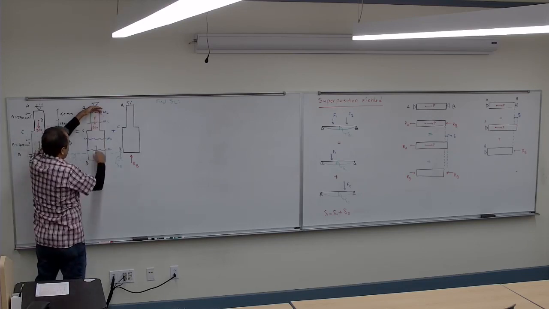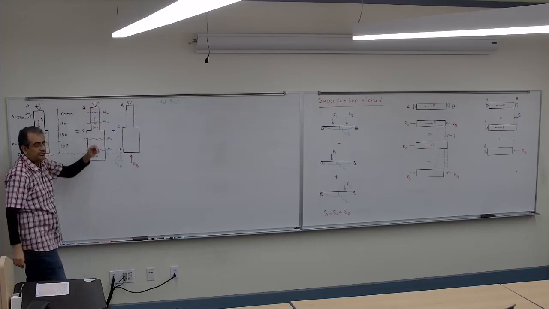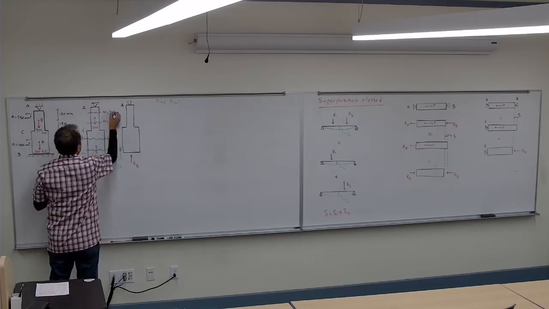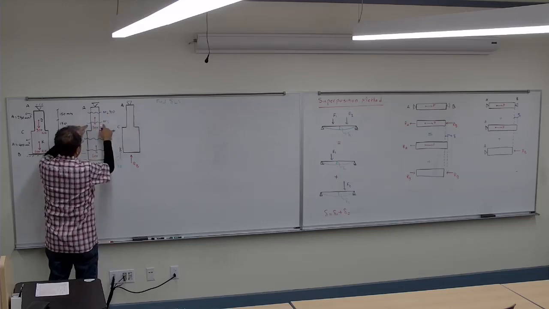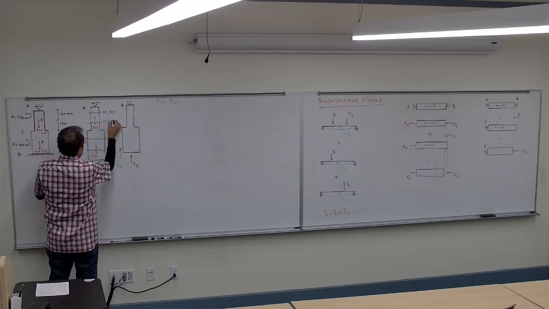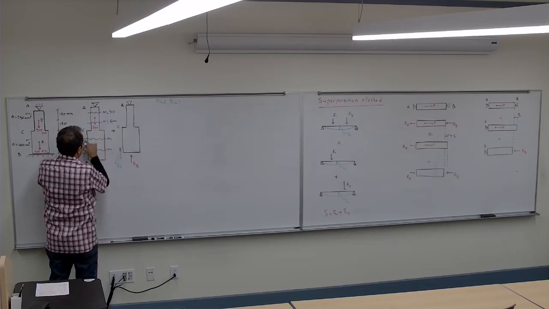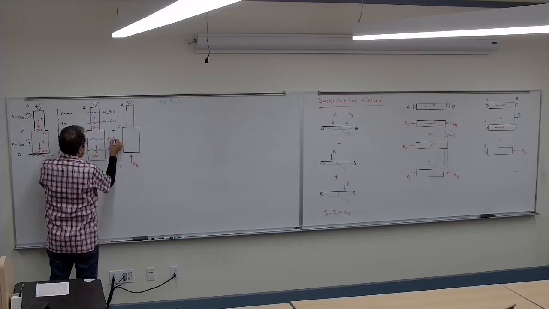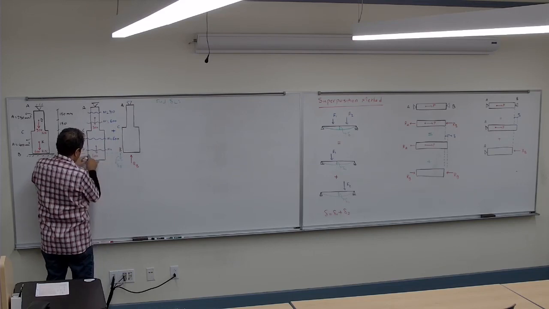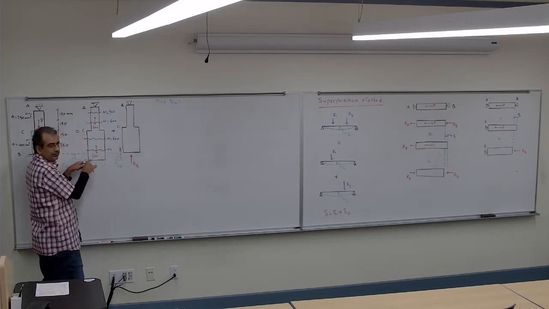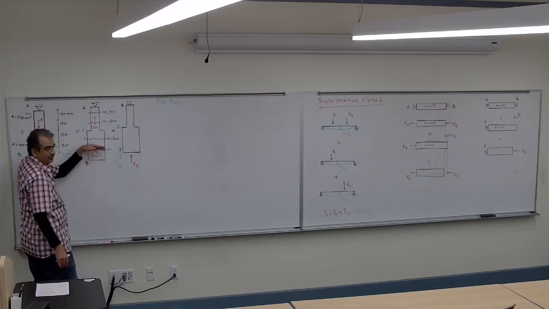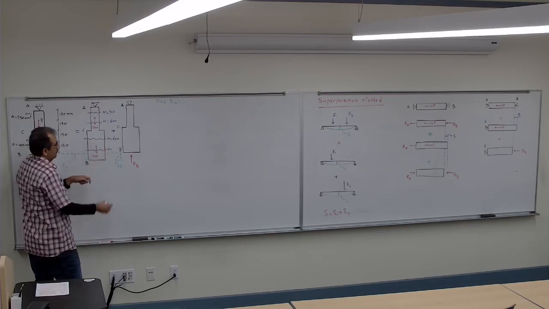I cut it and look from here to here. 900. So N is going to be 900 here. How much is the N here? If I look at the bottom part. 600. You agree? Yeah. How much is it here? 600. And how much is it here? If I just look at the bottom part. Cut it and only keep the bottom part. 0. It's 0.